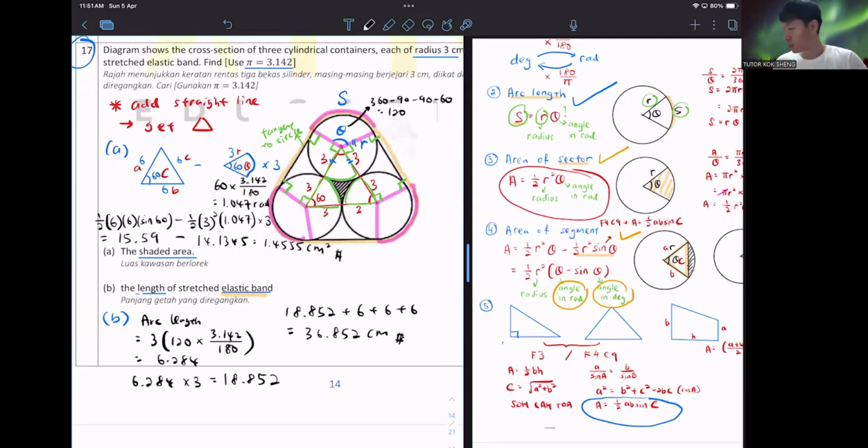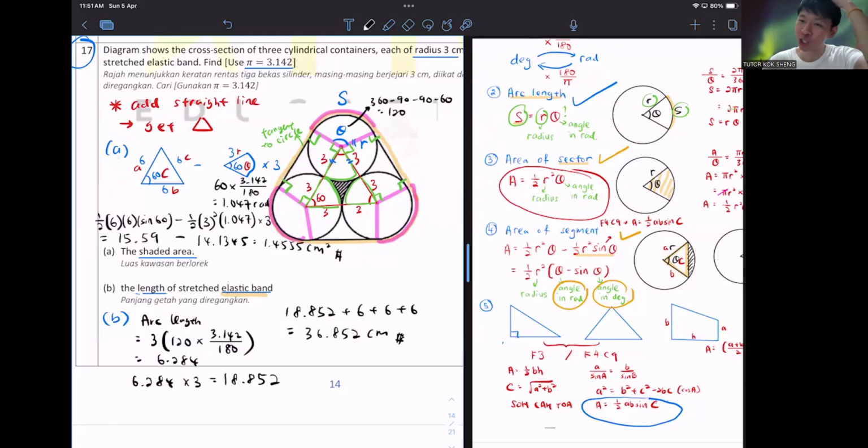Okay, 17. Is it good? Okay, still can. Nice, nice, nice. Last 20. Okay, so far still can tahan.